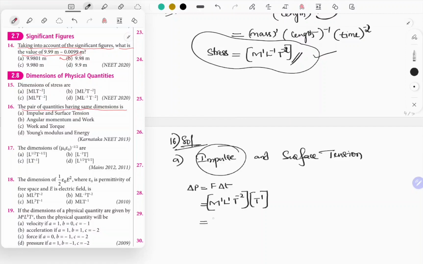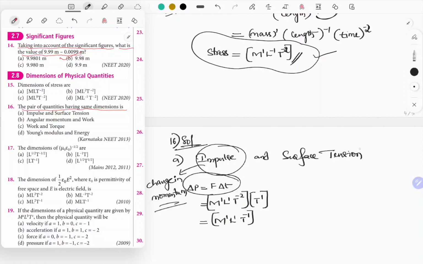So finally, impulse is nothing but change in momentum. According to Newton's second law, you can write F is equal to dp by dt or delta p by delta t. From that formula also we can answer this. So the final answer you are going to get is M power 1, L power 1, T power minus 1. This is for change in momentum.